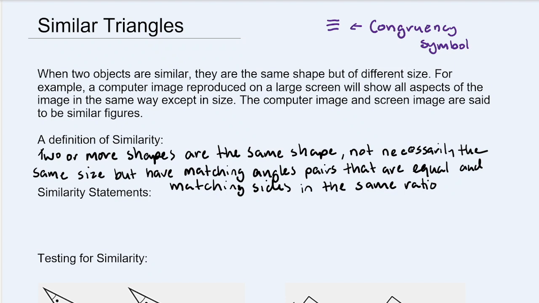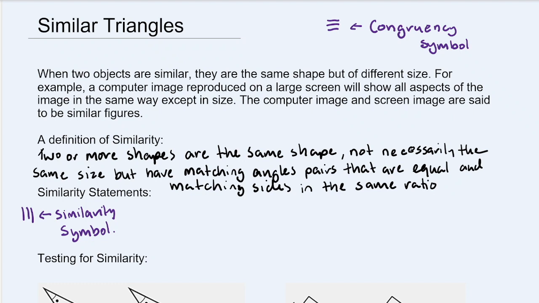And for similarity, we actually use vertical lines. So the vertical lines are for similarity, the horizontal lines are for congruency.